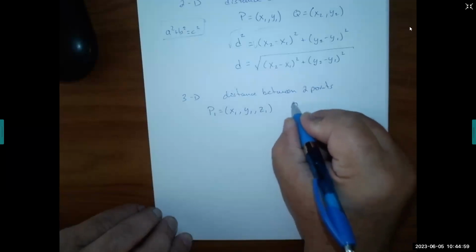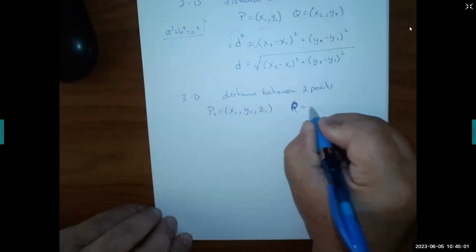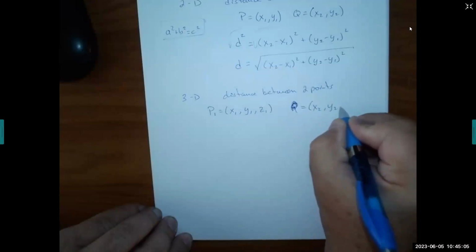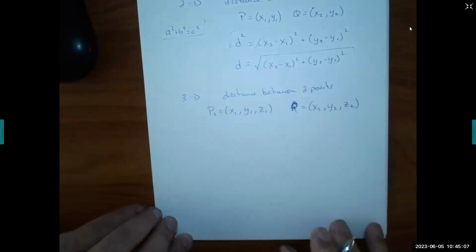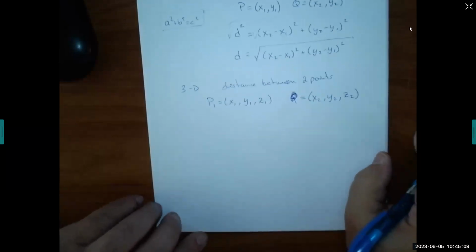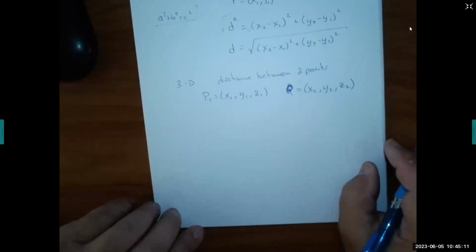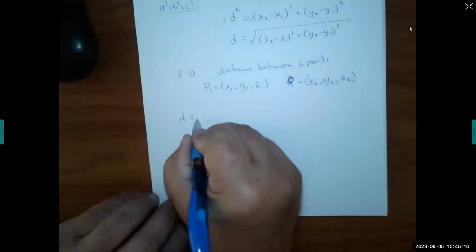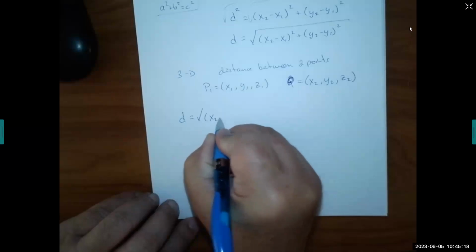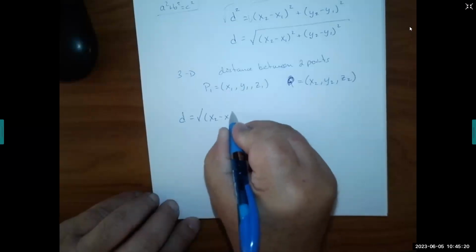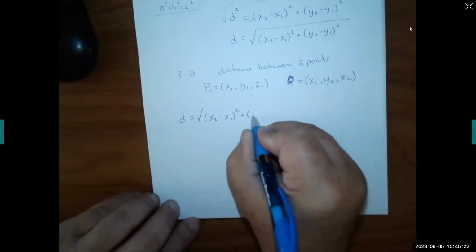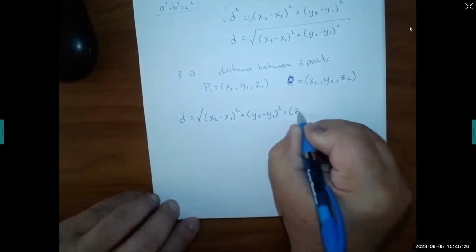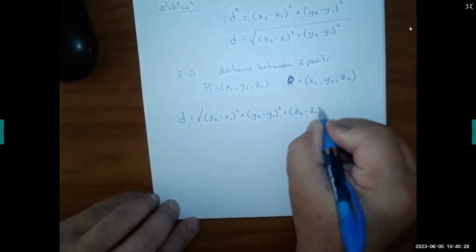And we're going to get point 2, or make it Q, which should be x2, y2, z2. So the distance would be what? x2 minus x1 squared plus y2 minus y1 squared plus z2 minus z1 squared.